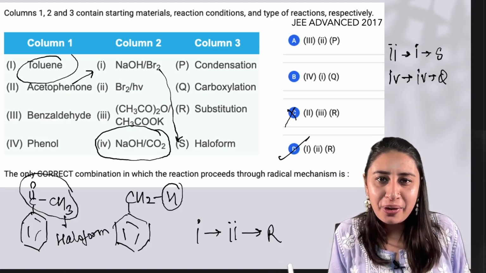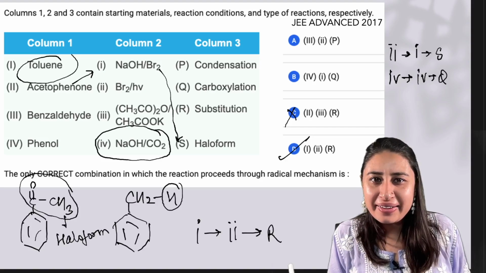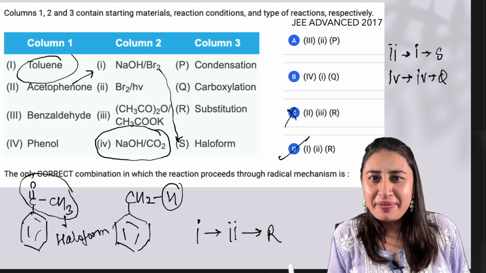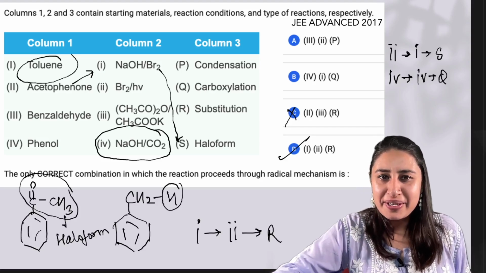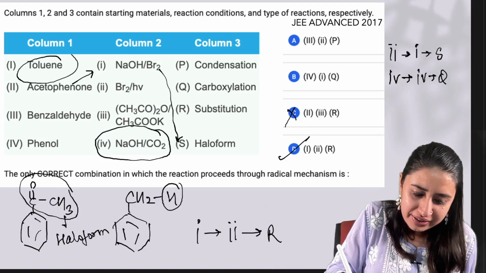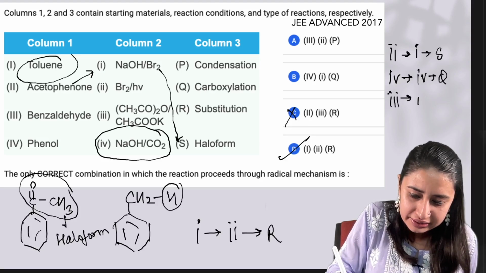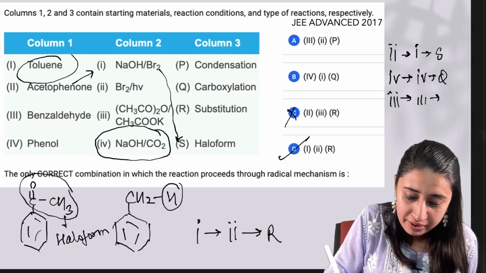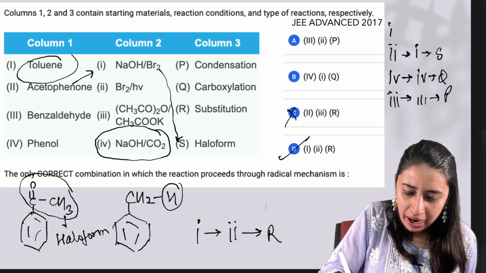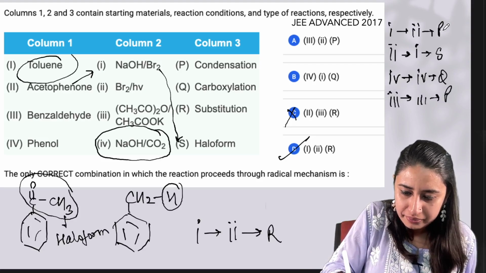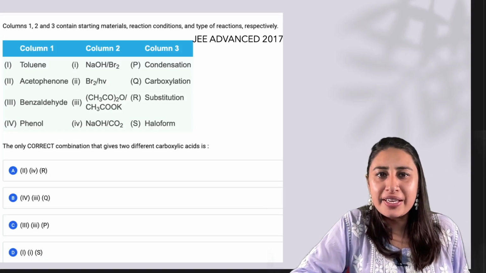And the third of column 2, and of course if you see condensation from column 3, that's still left. So by default, third, we will give it with the third of column 2 by default. And this is the best part of match the column, until and unless multiple things are correct.